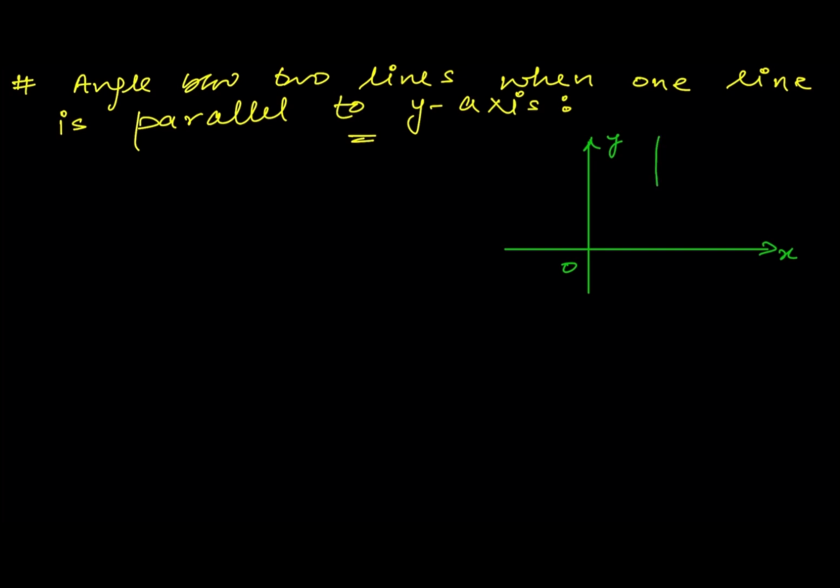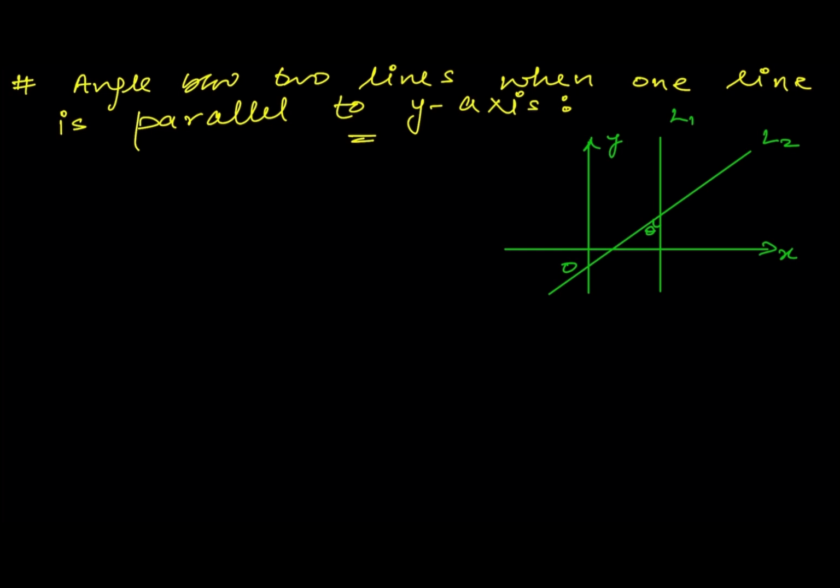Say a line parallel to the y-axis is this, and the other line is this. We have to find the angle between these two. Say this is theta. This is L1, this is L2.